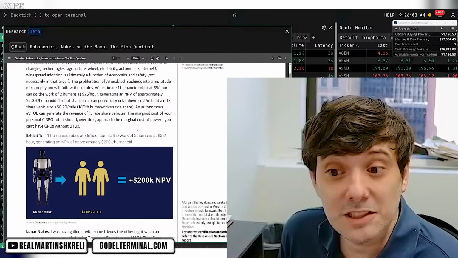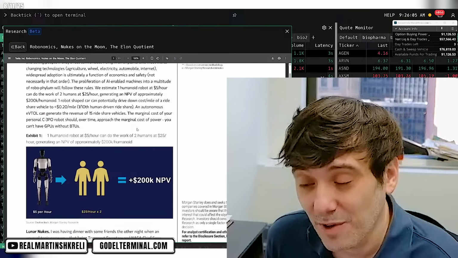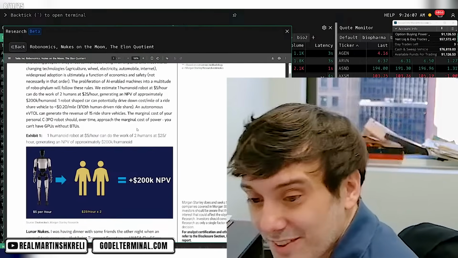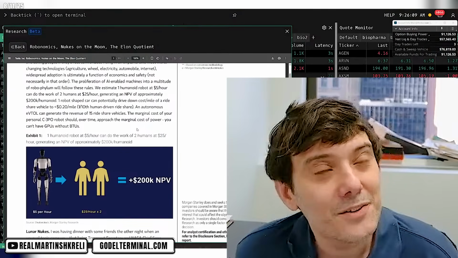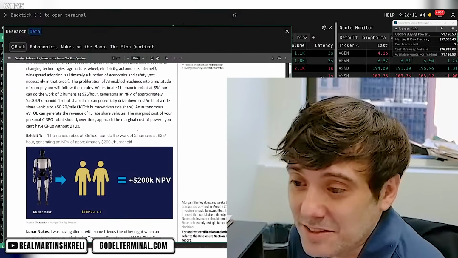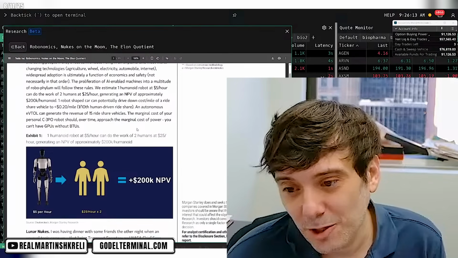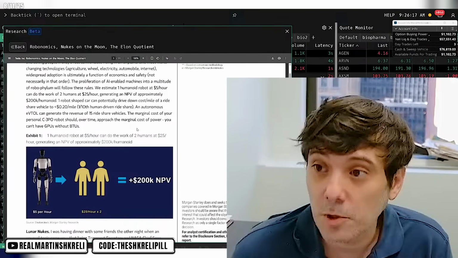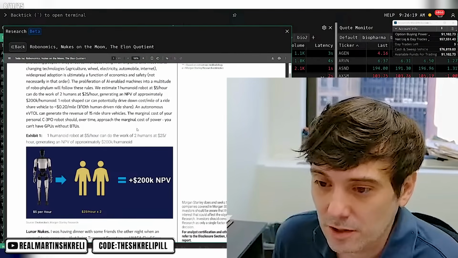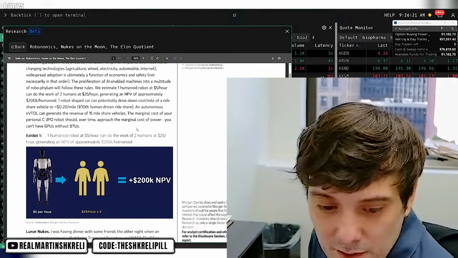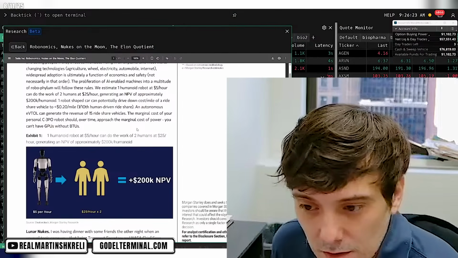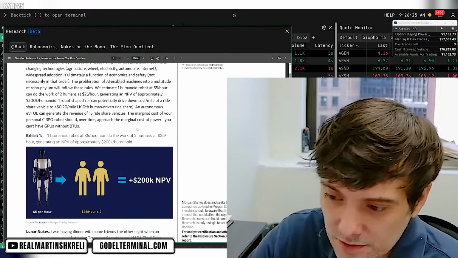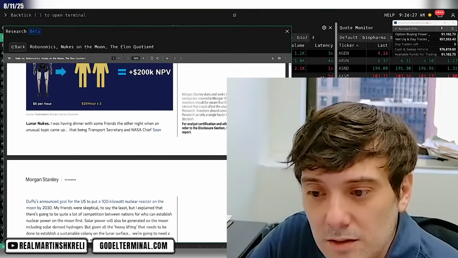An autonomous eVTOL can generate the revenue of 15 rideshare vehicles. Autonomous eVTOL, okay, that sounds dangerous. The marginal cost of your personal C3PO robot should over time approach the marginal cost of power. You can't have GPUs without BTUs. Okay, so that's the NPV there.